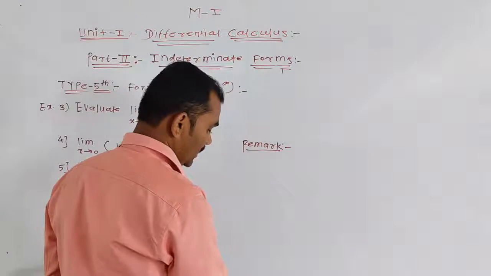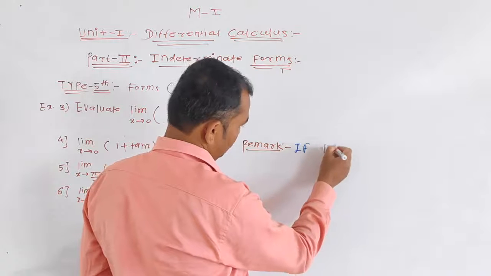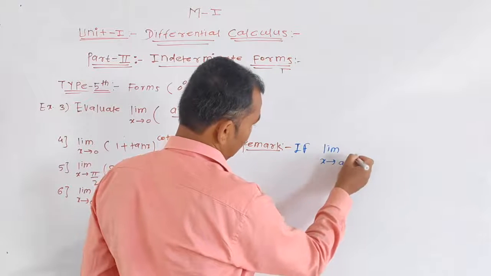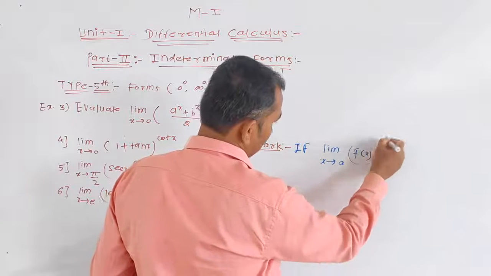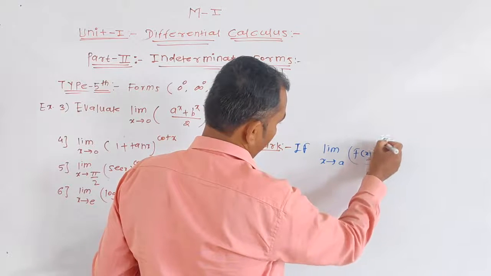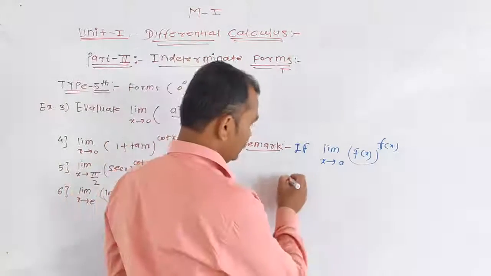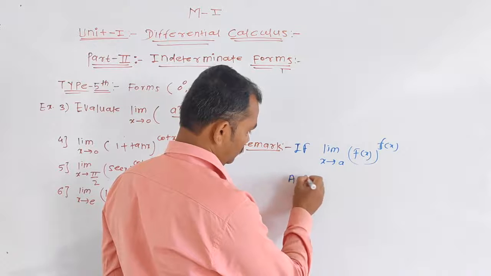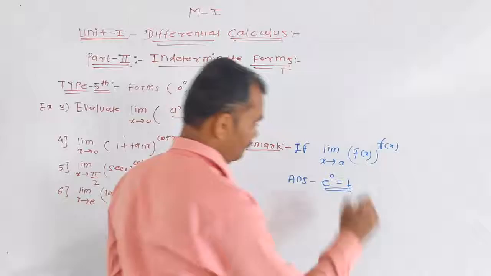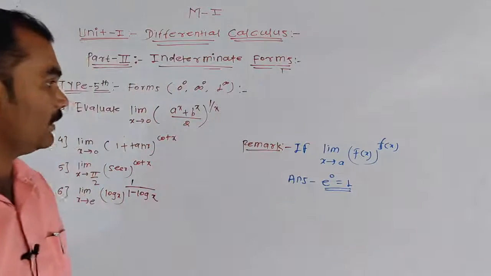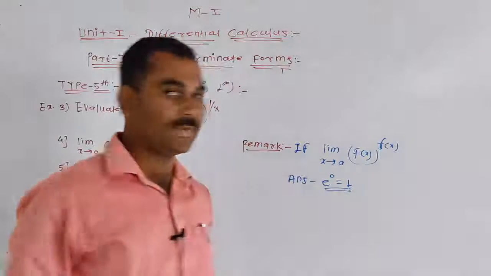If your question is limit x tends to a, f of x raised to f of x, the answer is always e raised to 0, which is equal to 1. The power is the same as the base, f of x and f of x, so the answer is always 1.